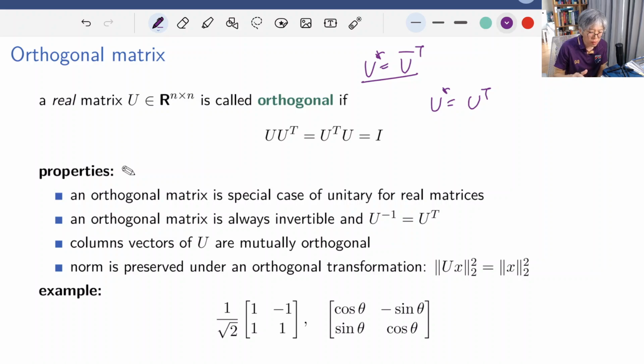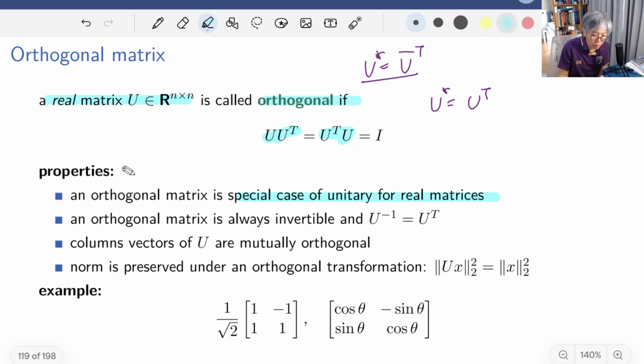So an orthogonal matrix has a definition exactly the same as a unitary matrix, but it is used for real matrices. U is called orthogonal when U transpose U equals U U transpose equals I. So it's just a special case of unitary for real matrices.